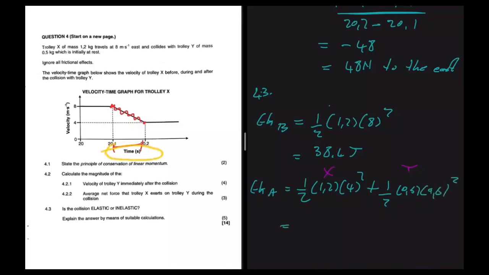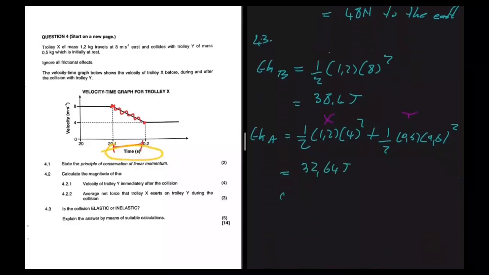So let me just put that in my calculator real quick and see what I get. So 0.5 multiplied by 9.6 squared, I'm getting 32.64 joules. So since EK before is not equals to EK after, then we deem this collision inelastic, right?